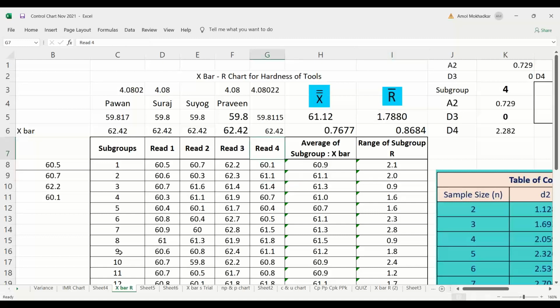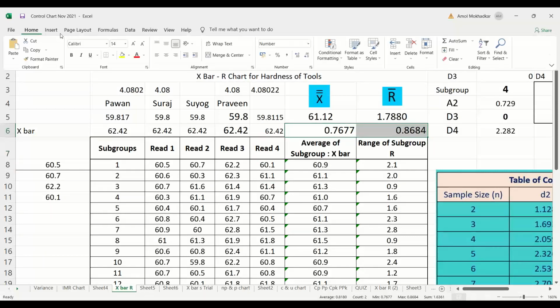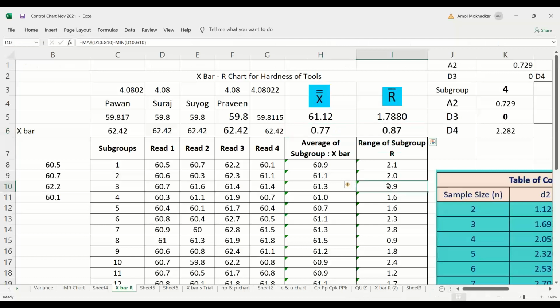That's why, in the X bar R chart, there is a large variation in the standard deviation. That's why I said there is a special cause present in this data. If you analyze it properly, there will be a special cause present. Otherwise, this difference should not be there in the standard deviations. Too much of a difference will tell you that.